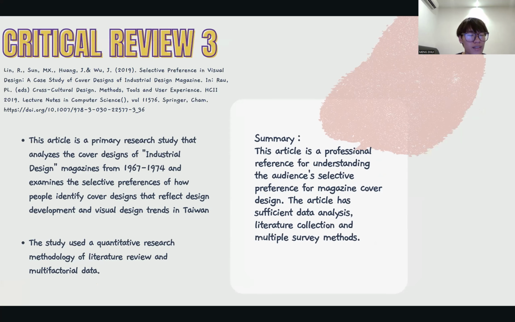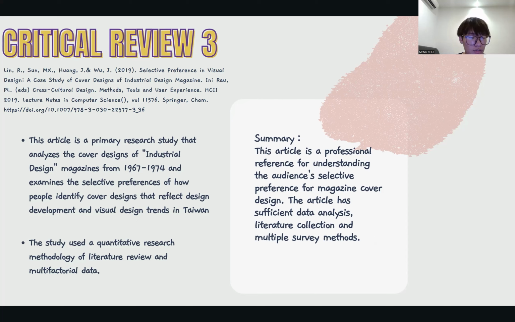And for Circle Review 3, this article is a primary research study that analyzes the cover design of Industrial Design magazine from 1967 to 1974 and examines the selective preference of how people identify cover design that reflect design development and visual design trends in Taiwan.